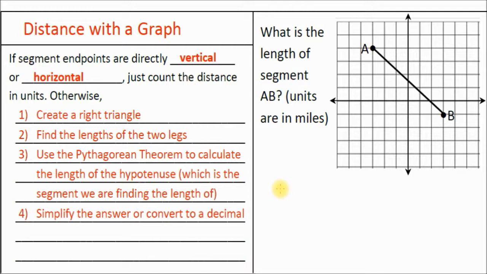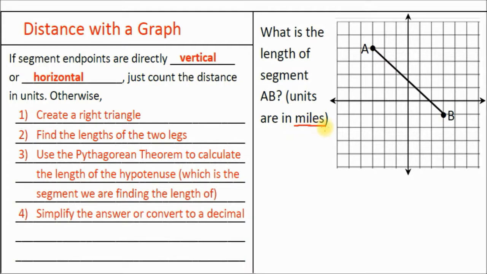In this case you will always end up with a square root answer, and you'll need to simplify that or convert it to a decimal. All right, let's go through our example here on the right side of the page. What is the length of segment AB? It's telling us the units are in miles.